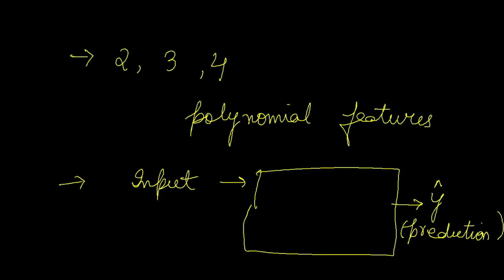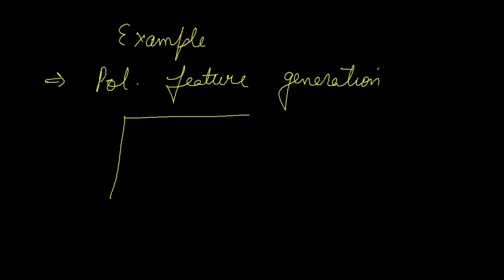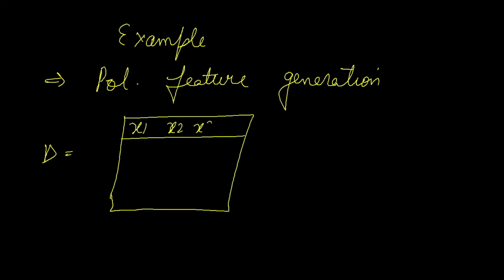Now let's take a small example of generating polynomial features. Let us consider we have a data set D with three features x1, x2, x3.